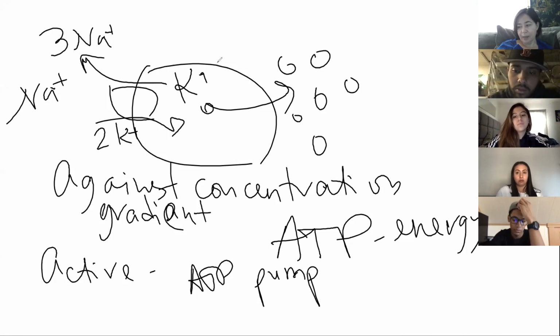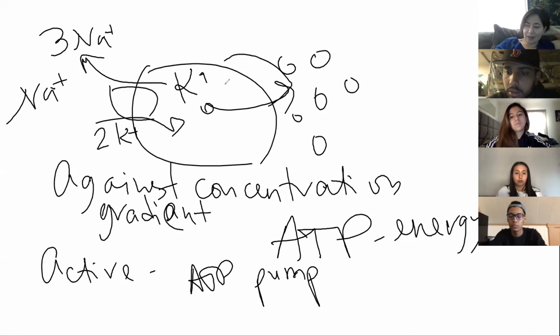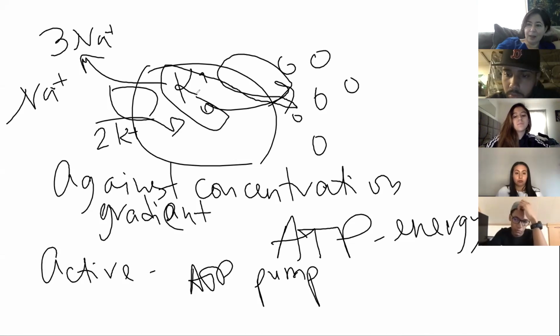But that's how your nervous system works. Your neurons, the nerve cells, communicate with each other through generation of electrical current. To generate electrical current, they need sodium, they need potassium, and they need the concentration gradient of them. So your neurons spend 85% of ATP running these pumps non-stop.